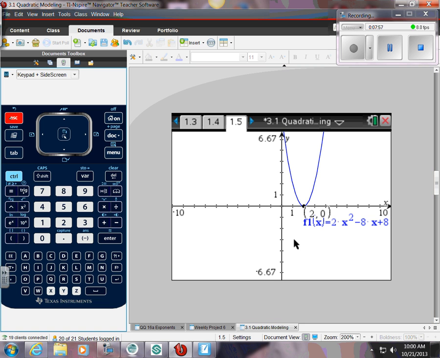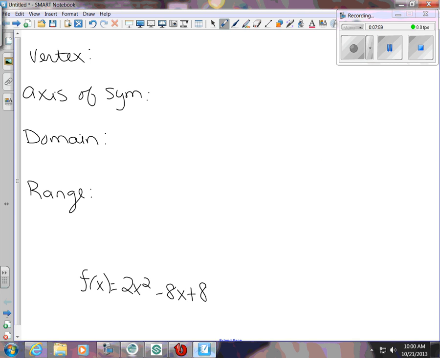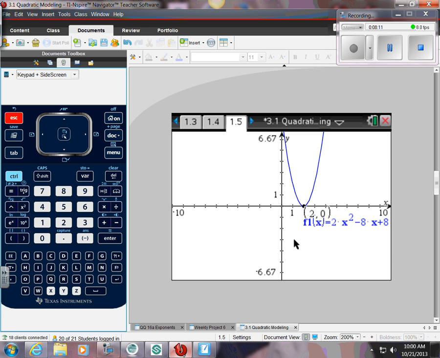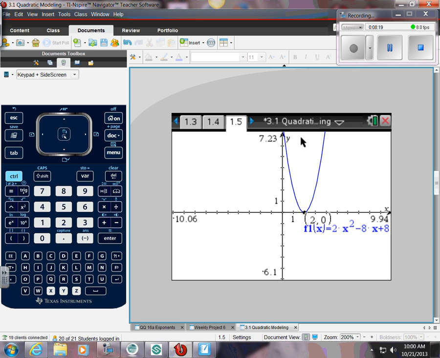So let's go back and talk about this. My vertex again was the point 2, 0. If my vertex is 2, 0, what's my axis of symmetry? 2. How'd you get it? We could do it that way, and we will. We can use the formula. Yeah, it's going to cross through that vertex, isn't it?